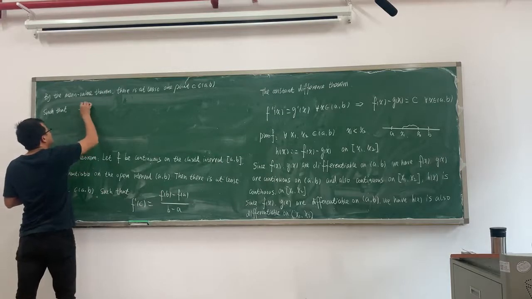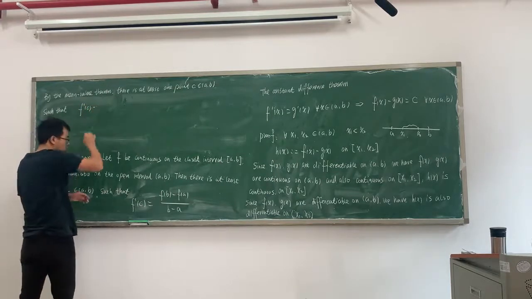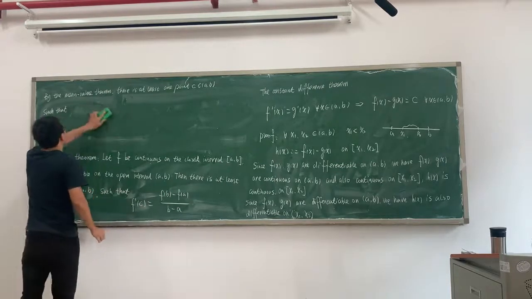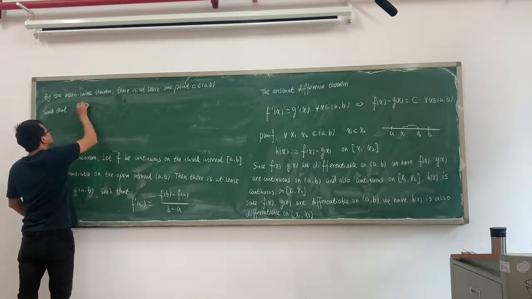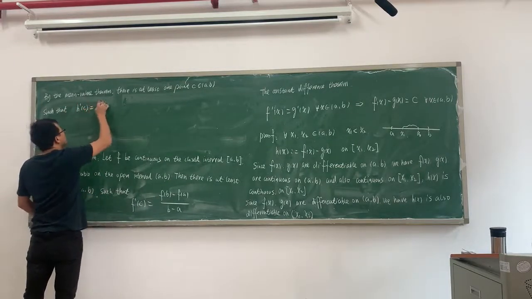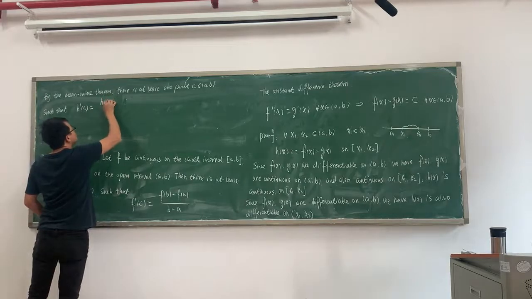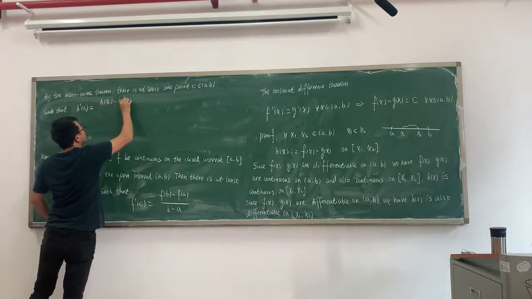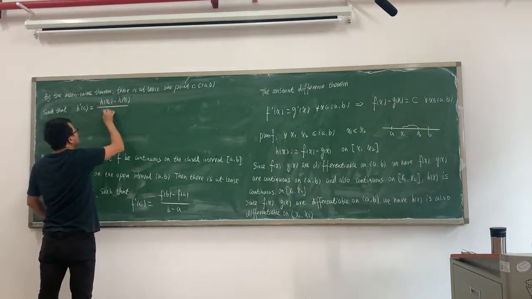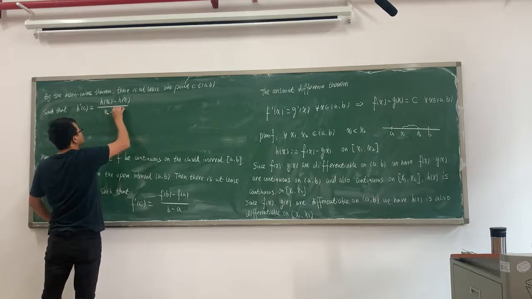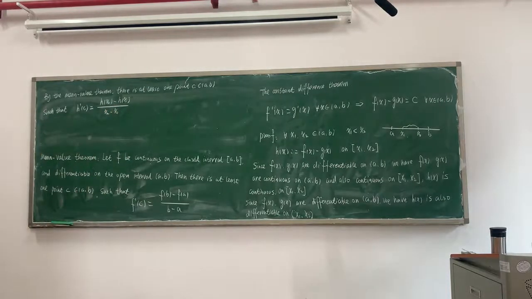f prime(c) equal h prime(c), okay? h prime(c) equal to (h(x2) minus h(x1)) divided by (x2 minus x1), yeah? So this is the mean value theorem.